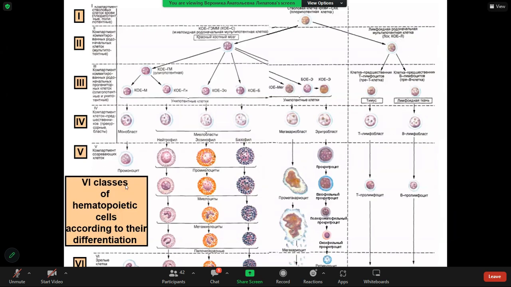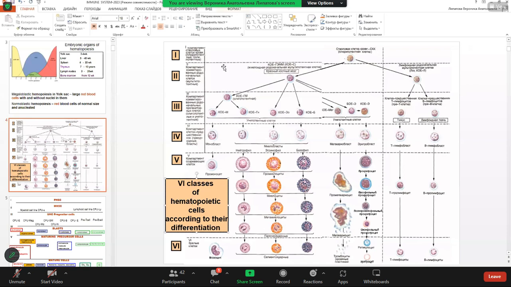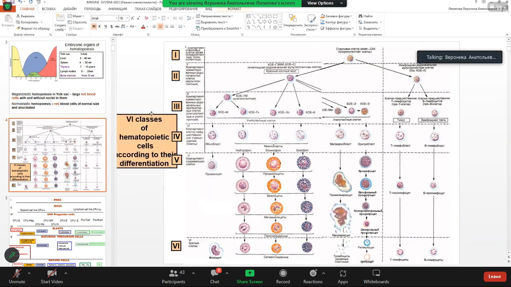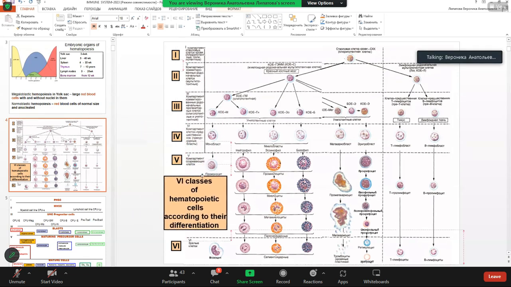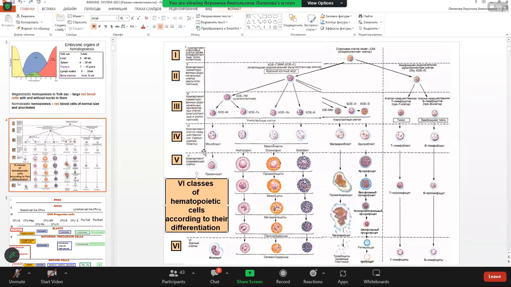And after this, sometimes this is the only kind of the cell within differentiation. Only one kind of the cell at this stage. For T and B lymphopoiesis, also only one stage in class number 5. You see?